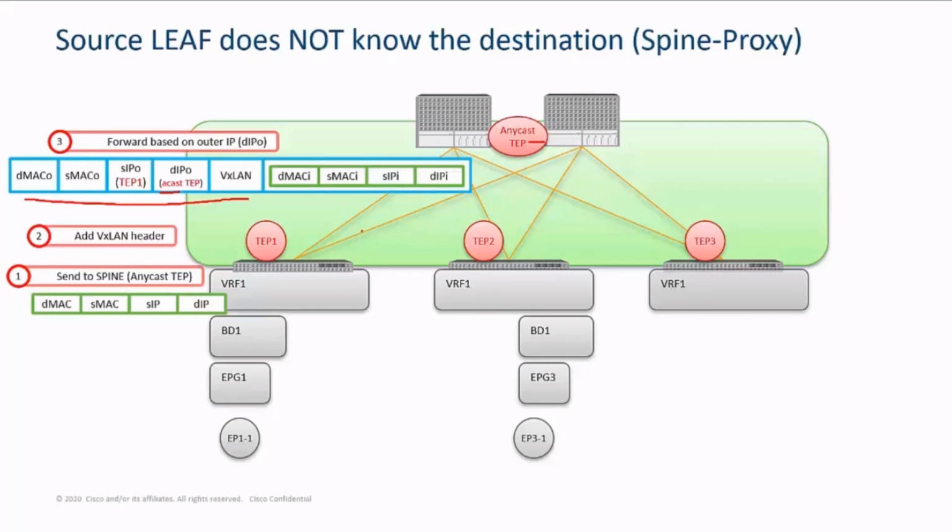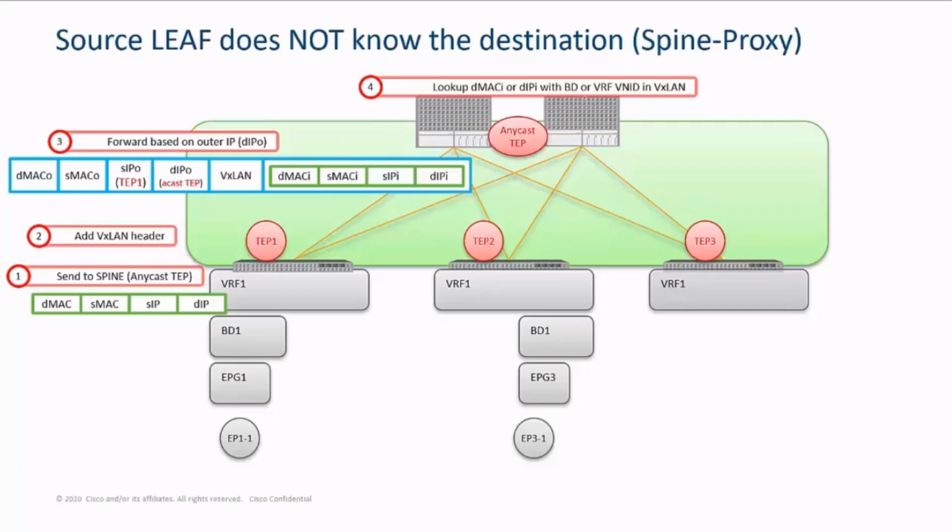So essentially what's going to happen here is Leaf 1 is going to hash that traffic, hash this encapsulated frame either out link 1 or link 2. So let's say it hashes it out link 2 and sends it to spine 2. Spine 2 is going to receive that traffic on that Anycast TEP IP it's listening on. It's going to look at the VNID.